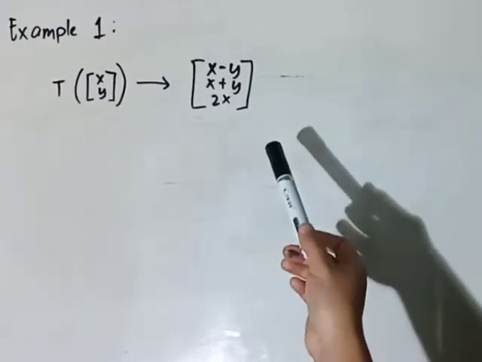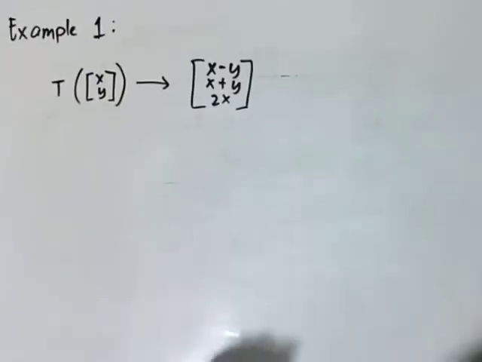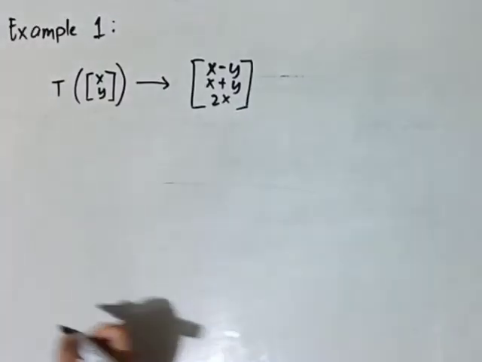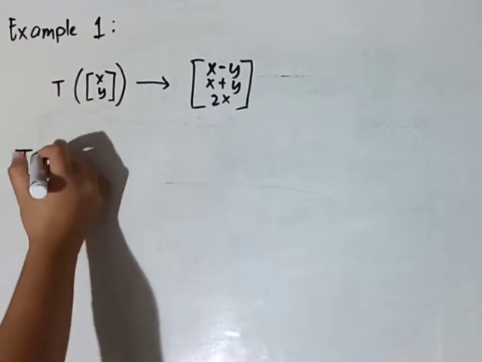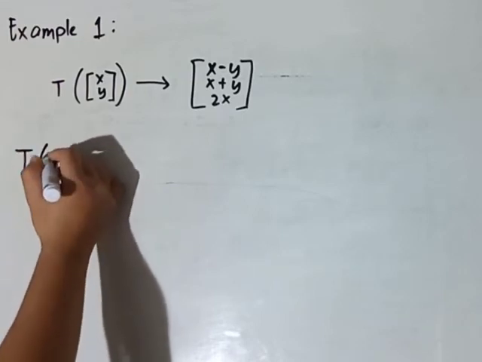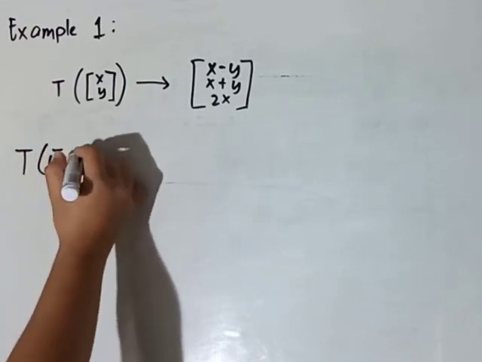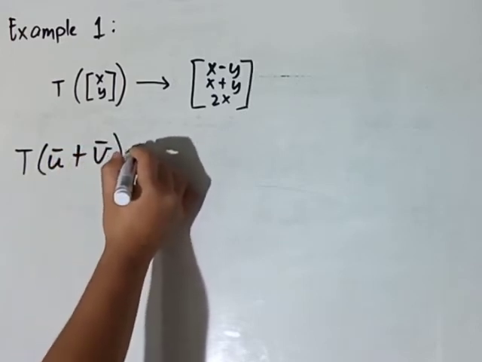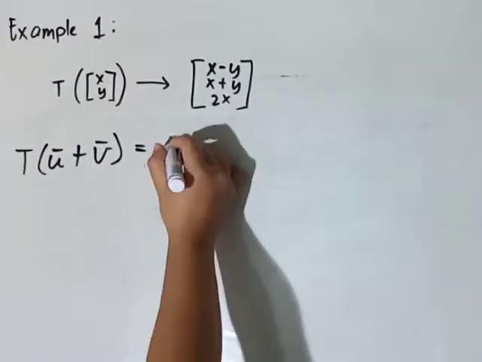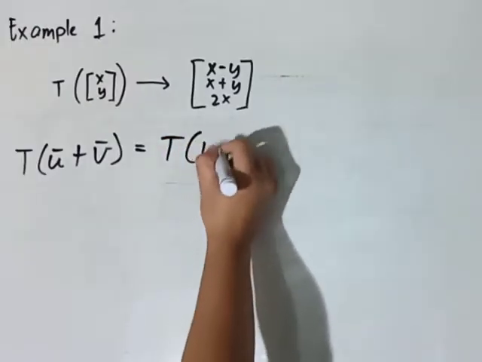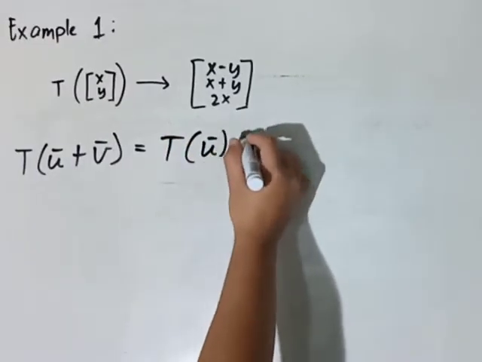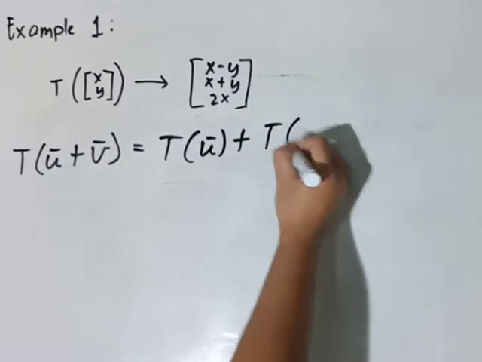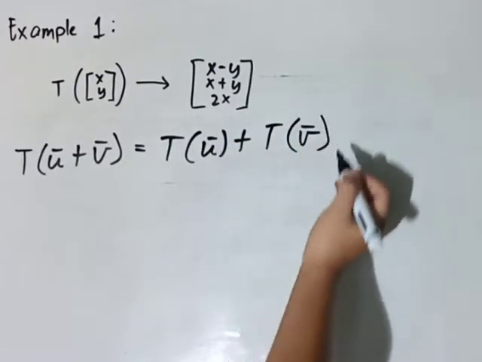So let us try to use the property. In the first property, we have the transformation of the vector u plus v is equal to the transformation of vector u plus the transformation of vector v.